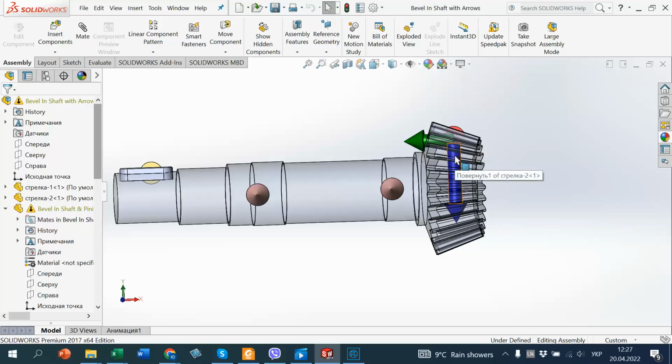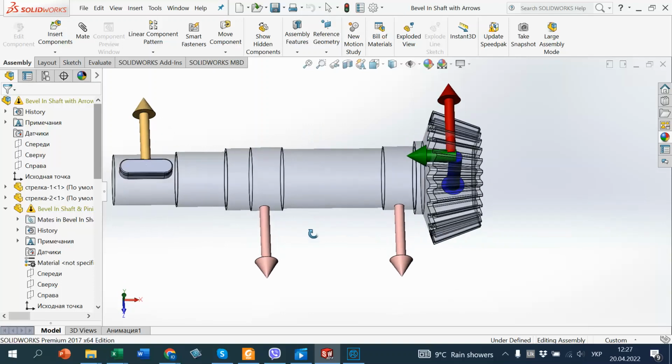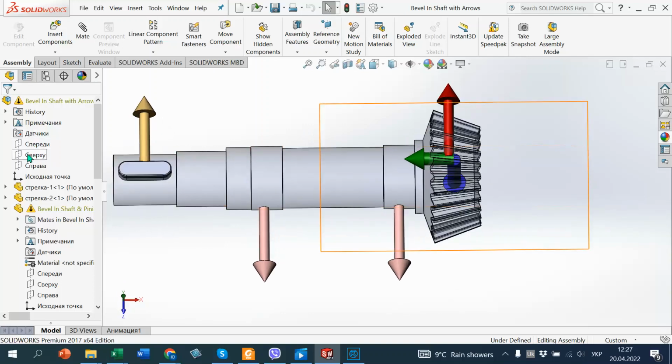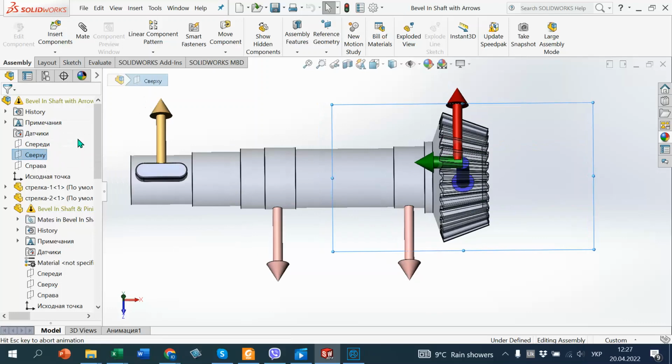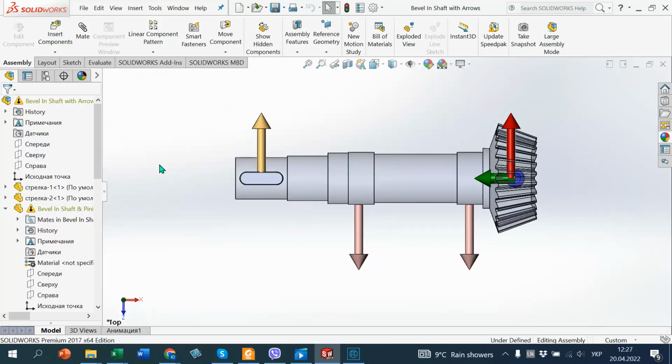This plane will be named vertical, and this plane where we have tangential force and coupling force, they are in a plane which is perpendicular to the top plane, the front plane.